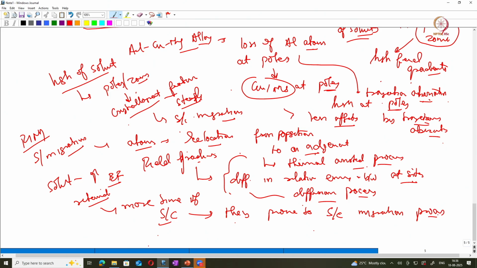Remember, this is different from trajectory aberrations, which are related to the intensity of field distribution near the poles or the ions. And this surface migration is a thermally assisted process.